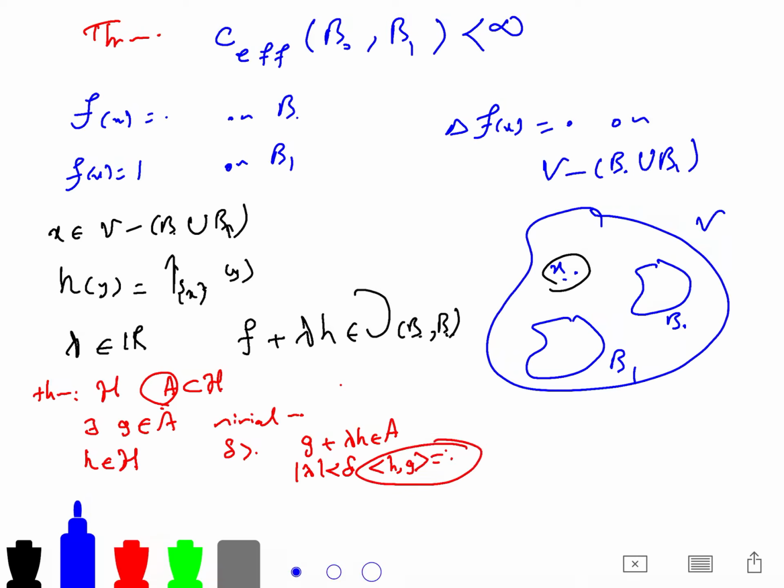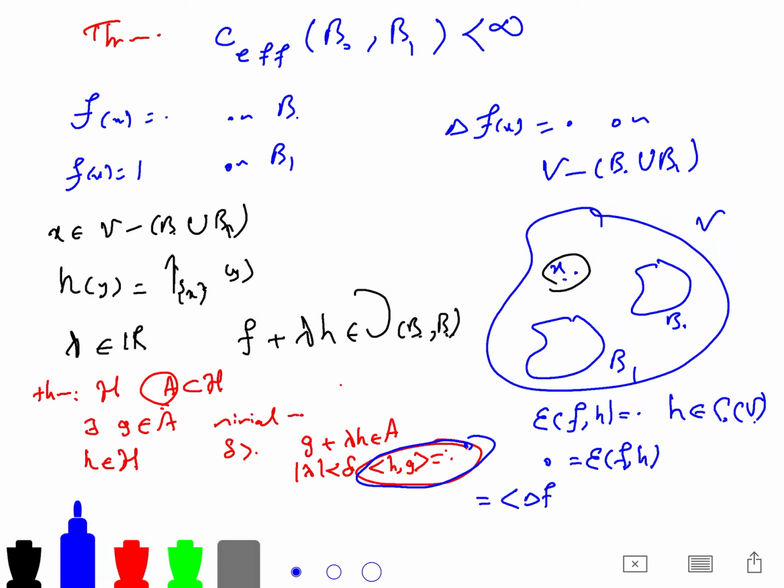Now we use this property that the inner product is 0. So we can conclude that the energy between F and h is 0, because h is in the function space of V. And the energy between F and h is by definition the sum of delta F times h and mu x.